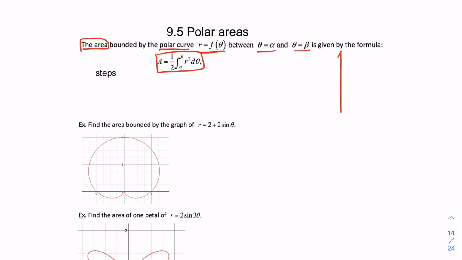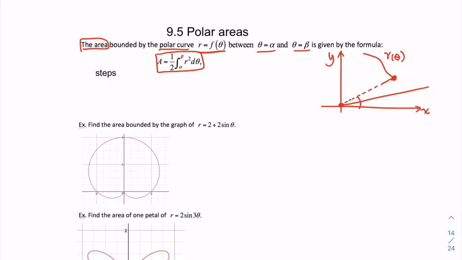Given any polar curve r of theta, how do we calculate the area? First, we are going to draw a ray from the origin. As we rotate the ray counterclockwise, first it will touch the start point of this curve.